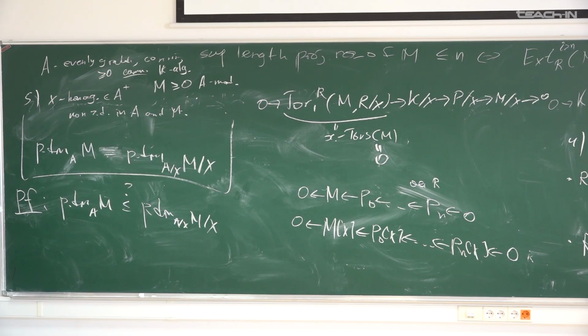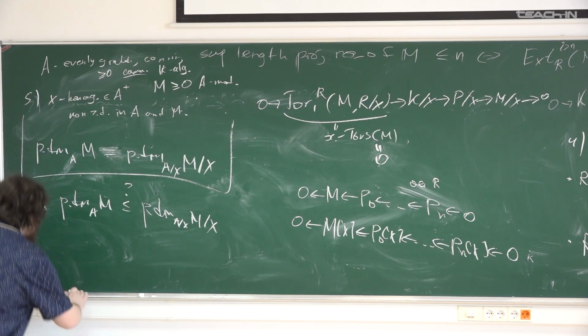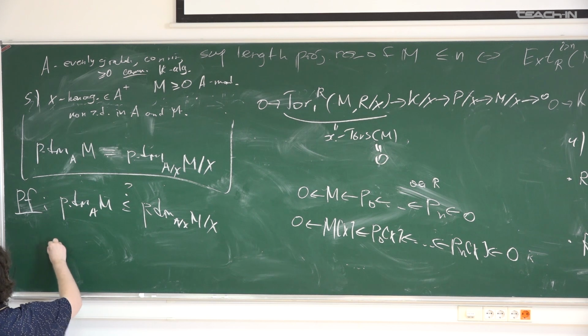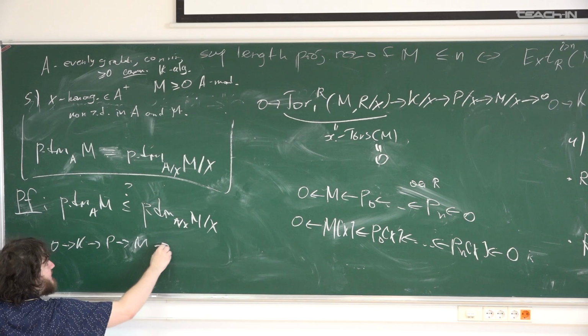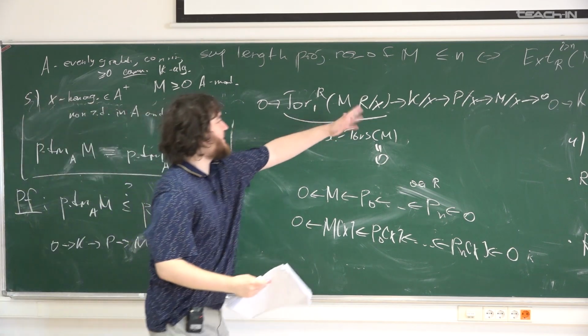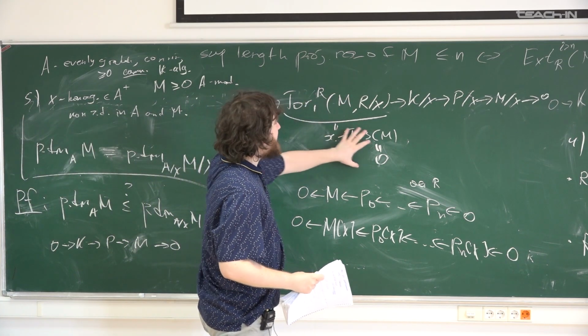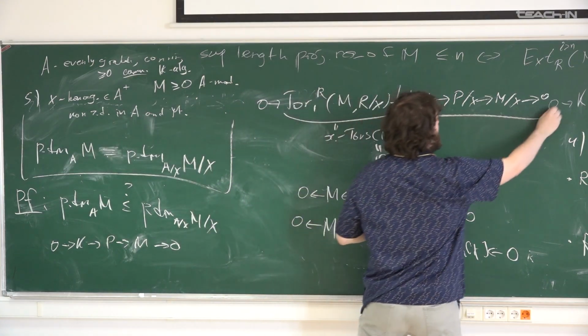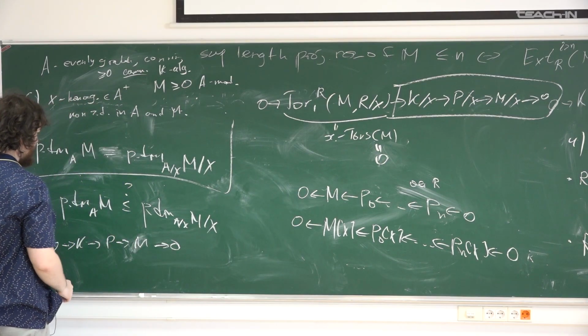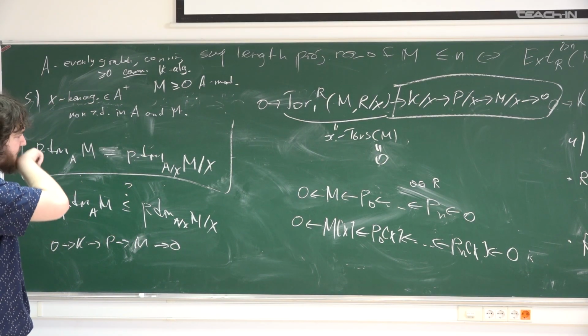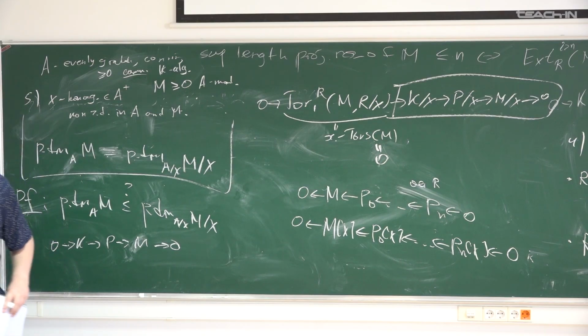Again, we can play the same thing. We can consider a short exact sequence. Again, X is not a zero divisor, and in fact we obtain such an exact sequence over A modulo X. And so what does it mean?